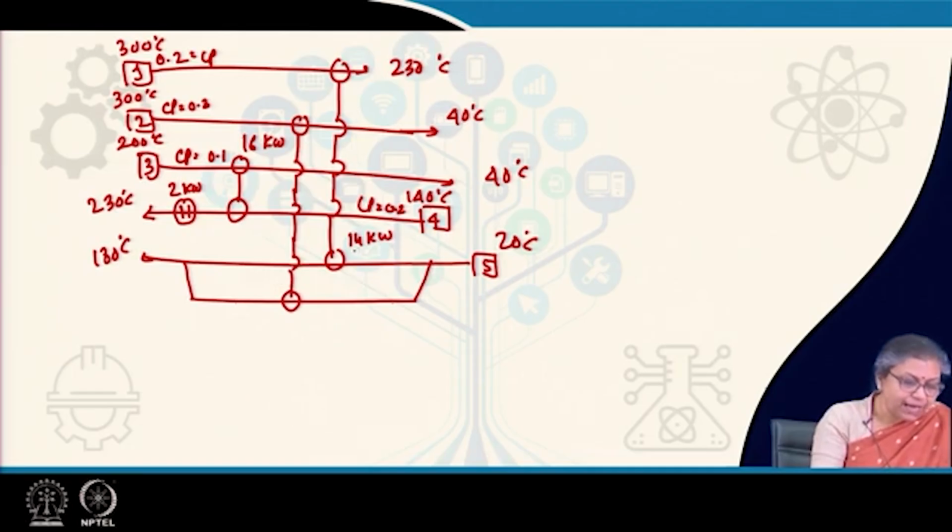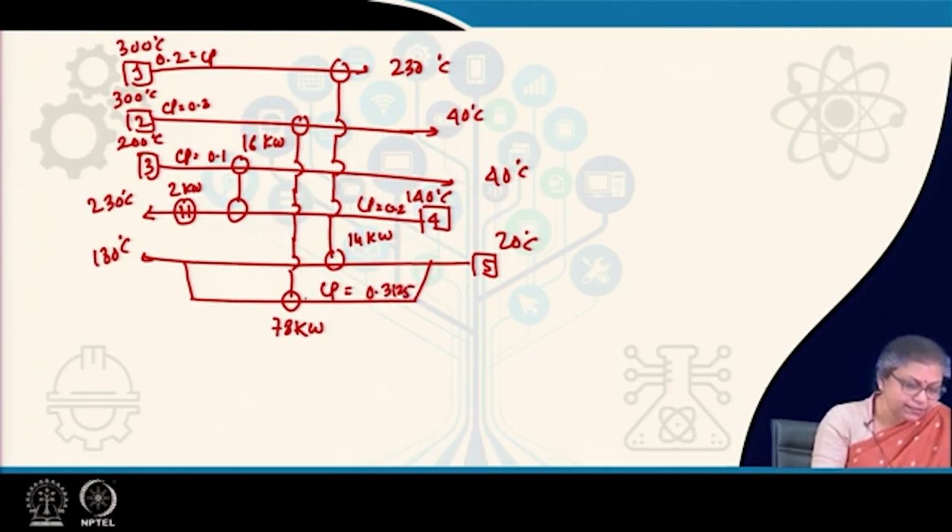Now, what I have done in this particular case is, I know that for this case the total amount of heat that has to be removed is 78 kilowatts. So, I put 78 kilowatts here, so that the entire heat from stream 2 is removed. Accordingly I calculate what should be the Cp here, this is 0.3125.